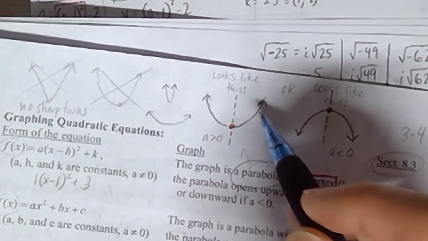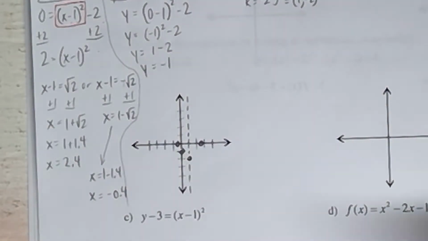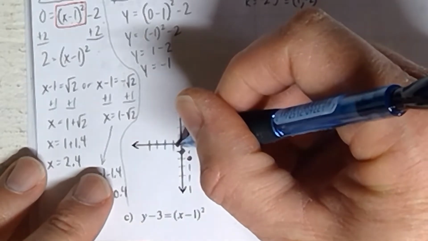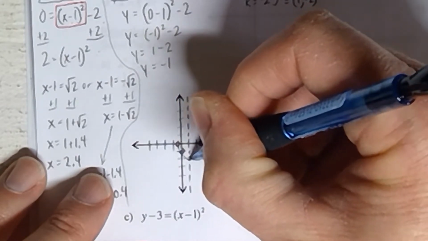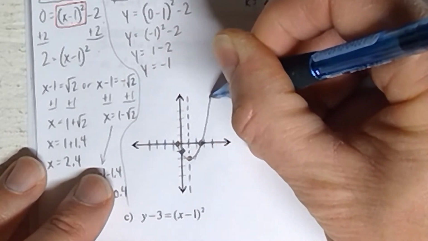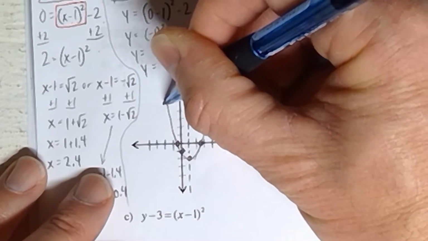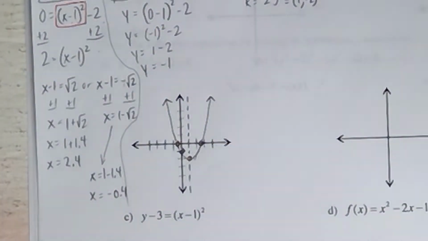Okay, whether it's up or a down parabola, it doesn't matter. Arrows on both ends. And so let's do those 2 things. Make it a smooth turn here, like that. Okay, make it look the same on both sides, same width, all right. And then put arrows on both ends. And we did it. All right, that's what we need to do.